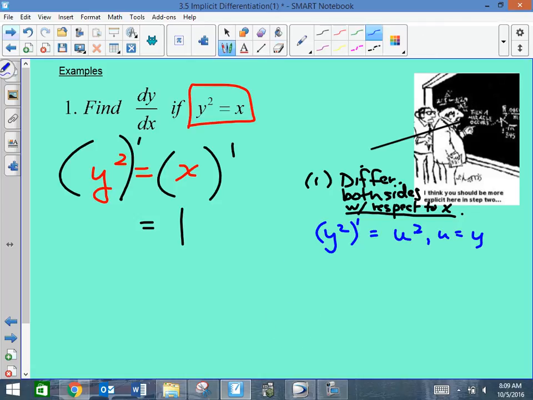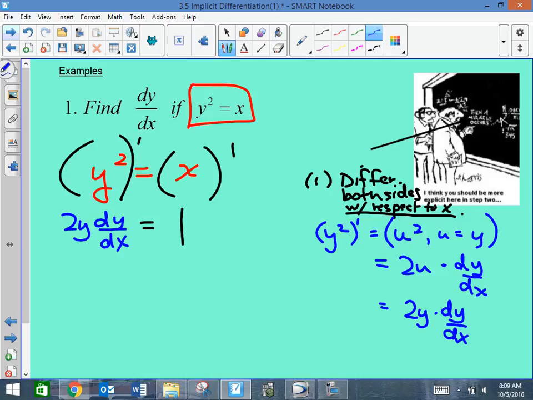What's the derivative of u squared? 2u, and the derivative of u, which is y, with respect to x is dy dx. Now put our y back in for u, and this is what we have.